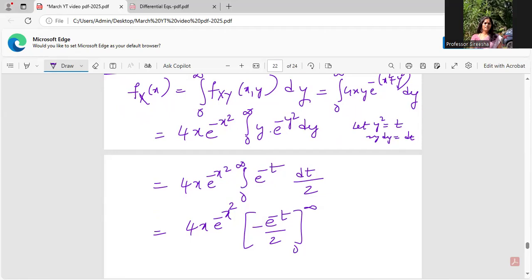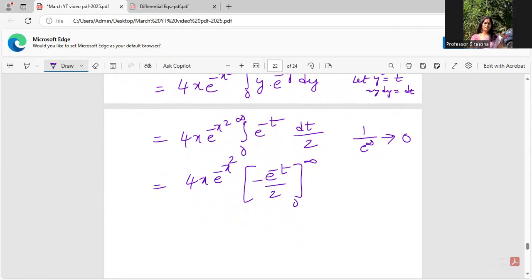For infinity, 1 by e power infinity goes to 0, and e power 0 would be 1. So finally the answer is 2x e power minus x square for x greater than or equal to 0. That would be the marginal density of x.